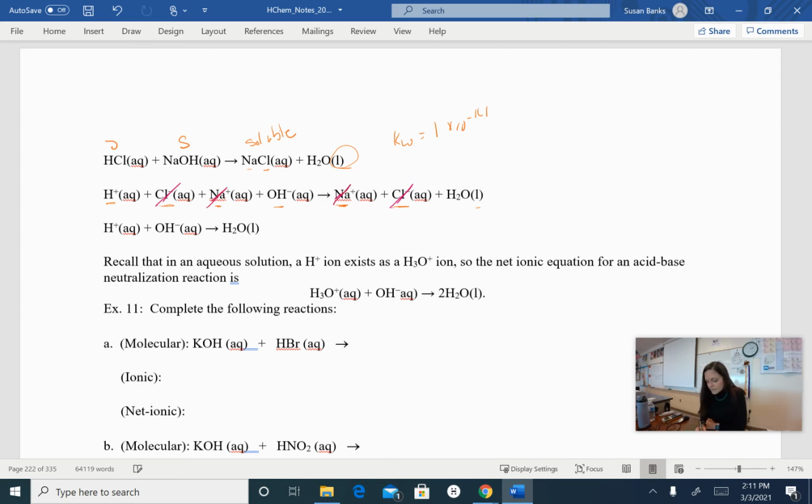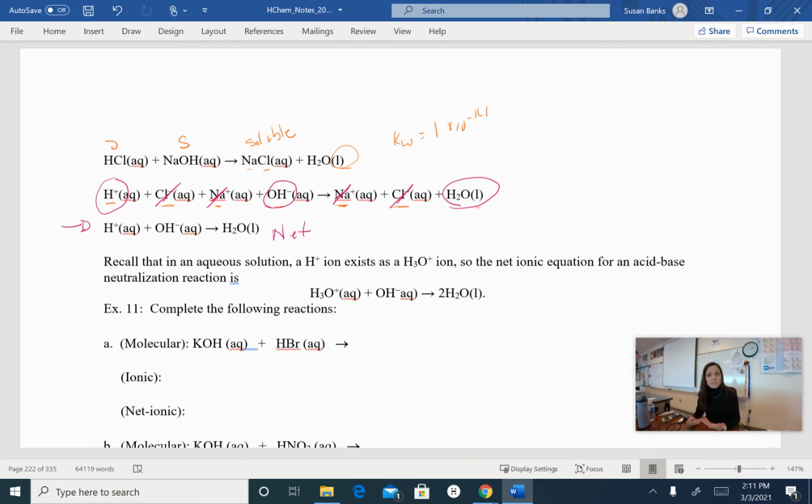So what I have left are the hydrogens, the hydroxide, and the water. So my net ionic equation is what's just making water, because in reality, the sodium and the chloride ions don't participate because they're soluble.